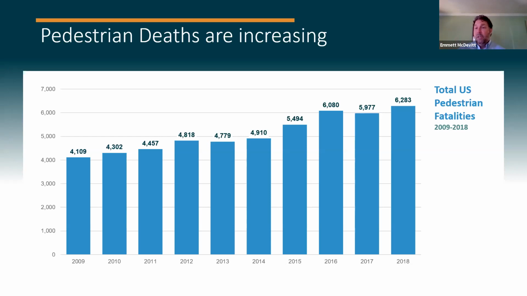And the results have been outstanding, especially considering that New York State has 10 times the number of pedestrian trips generated as any other state. So while we have a lot more pedestrians, we're seeing our numbers go down. In fact, we're seeing overall numbers go down in general. New York State and New York City had some of the lowest fatalities and serious injuries on record over the past few years.